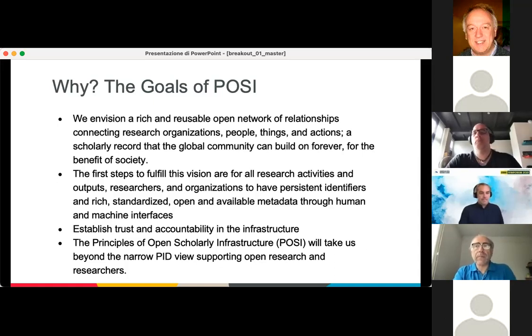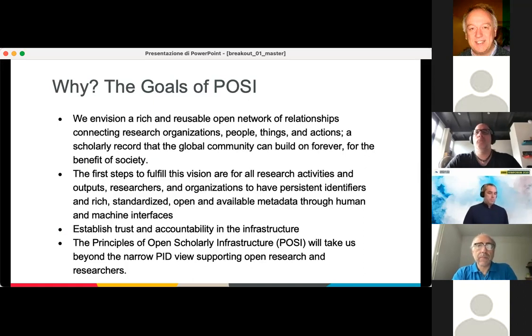Really, why does POSI exist, and why were the principles established? And really this is around a vision of a rich and reusable open network of relationships, connecting research organizations, people, things, and actions, a scholarly record that the global community can build on forever. And this is the persistence piece, and for the benefit of society.